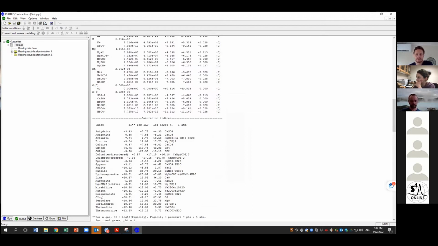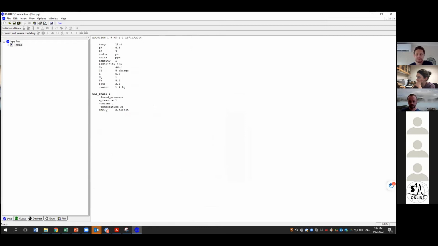So what that means is that the default value that PHREEQC is using for gas pressure is pretty close to what we just told it is present. Certainly when it comes to the carbonate system, our adjusted value doesn't really make much difference.